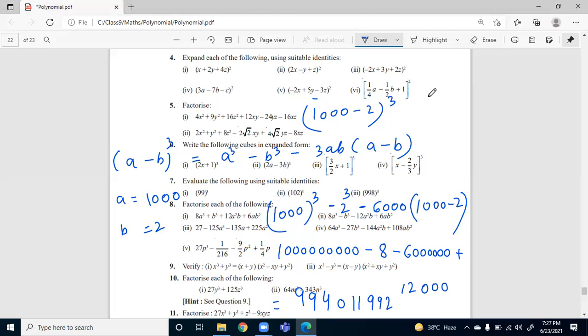We may wonder why we are learning so many identities, so these are the tools. Like a washing machine is a tool for washing clothes, similarly identities are the tools for making calculation easier and faster. If you multiply manually you will get the same answer, but it is very time consuming. If you apply the identity, in 3 or 4 steps you get the answer.